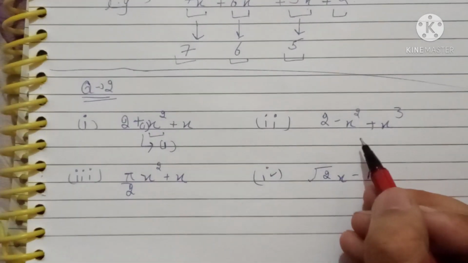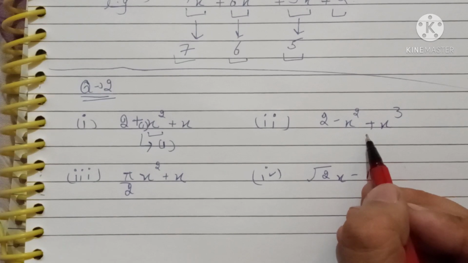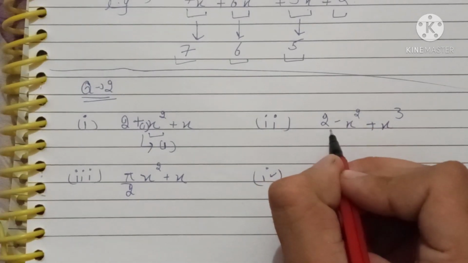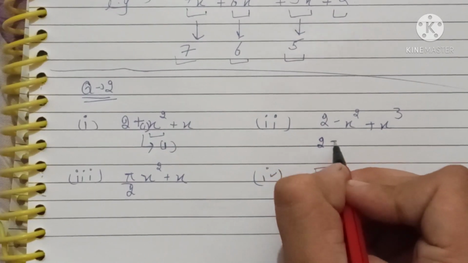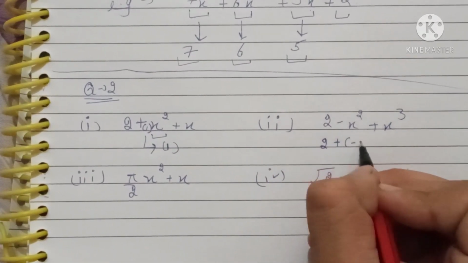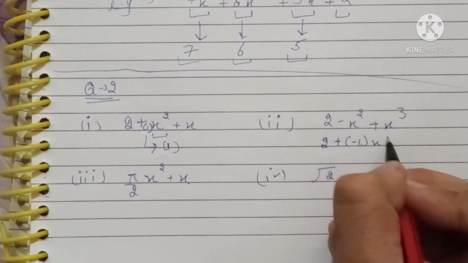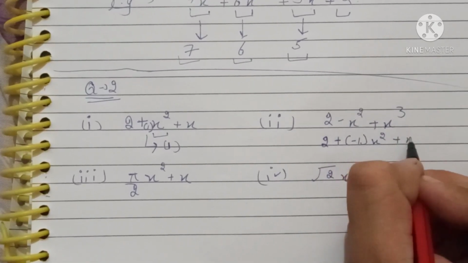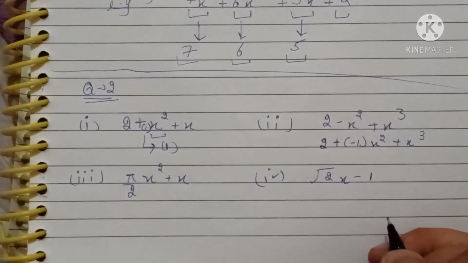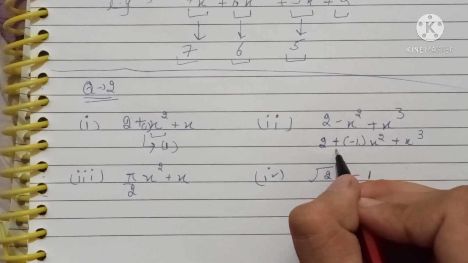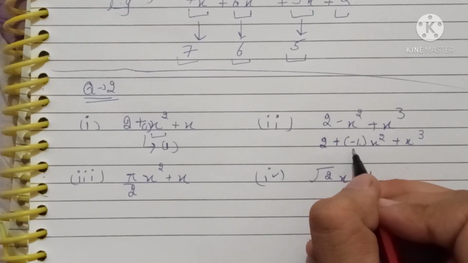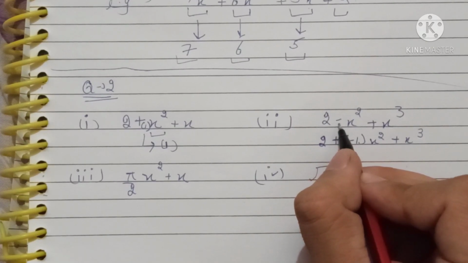Now the coefficient of x square in this polynomial: you can write this polynomial as 2 plus minus 1 x square plus x cube. So here is a catch, you should see that plus into minus 1 will be equal to minus, right?